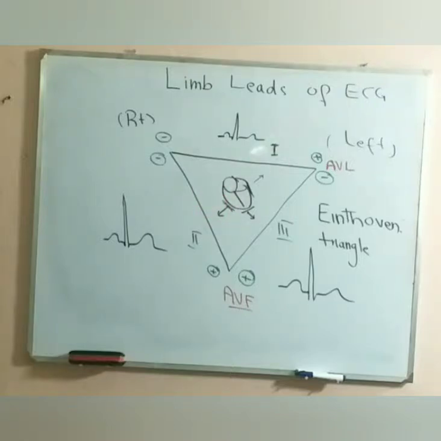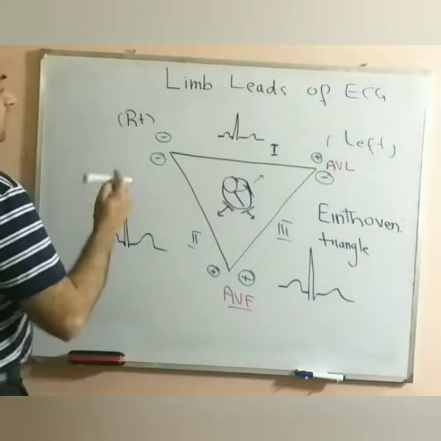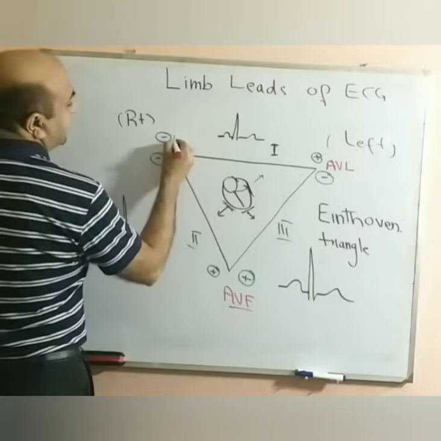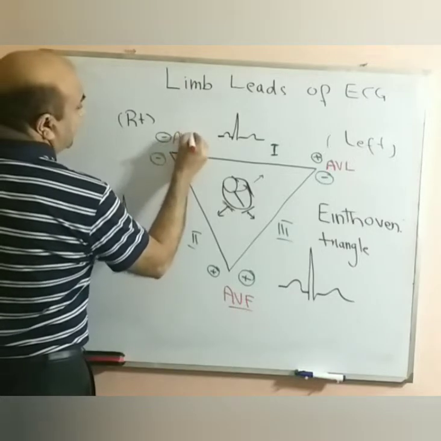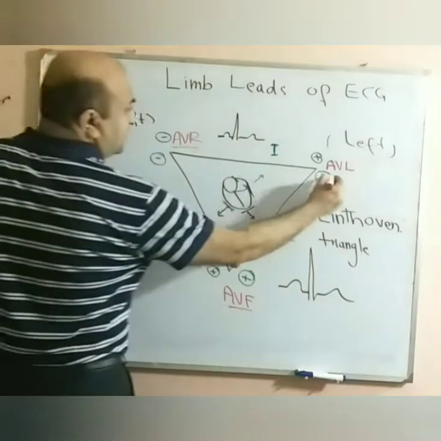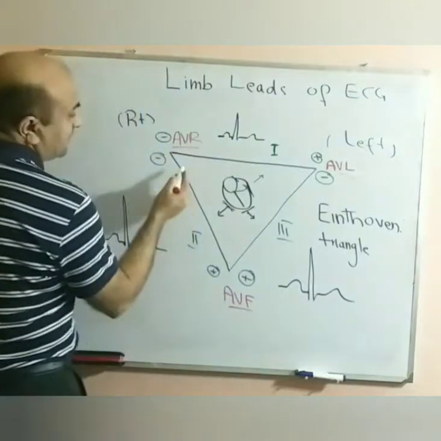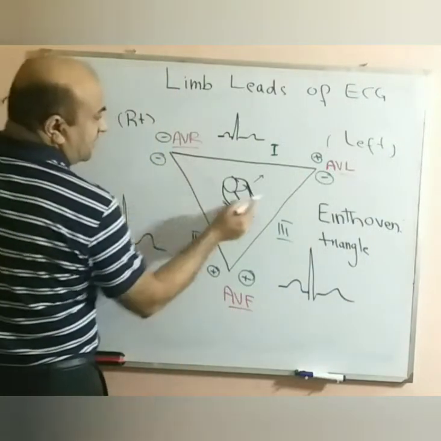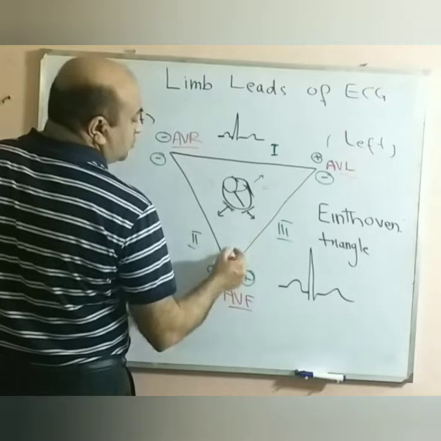So between lead 1 and 2, information was gathered from both of these leads, and another unipolar limb lead was devised, which we call augmented voltage right, AVR. So these three are the unipolar limb leads because they are directly looking at the heart rather than looking from one limb to the other limb.